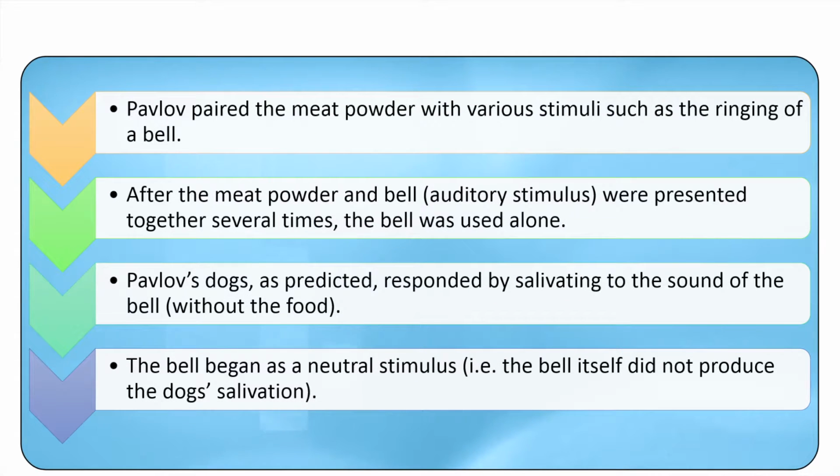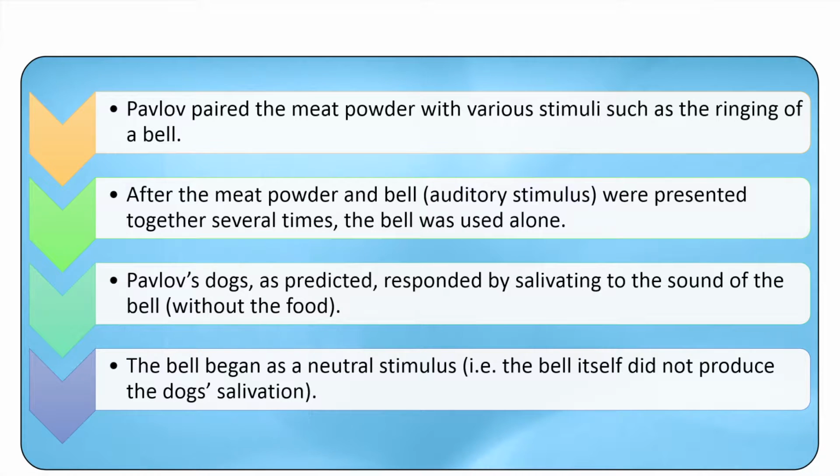Fascinated by this finding, Pavlov paired the meat powder with various stimuli such as the ringing of a bell. After the meat powder and bell, an auditory stimulus, were presented together several times, the bell was used alone. Pavlov's dog, as predicted, responded by salivating to the sound of the bell without the food.